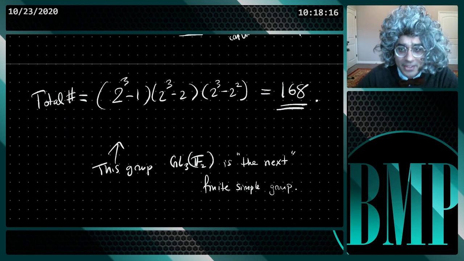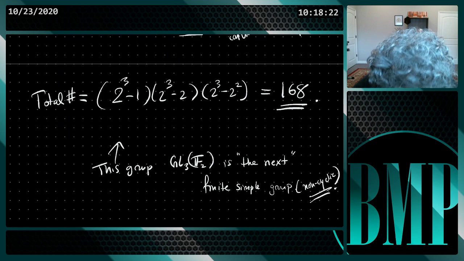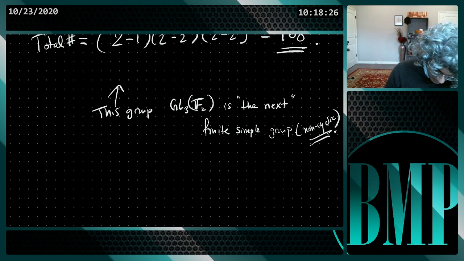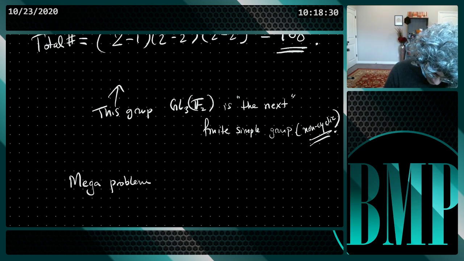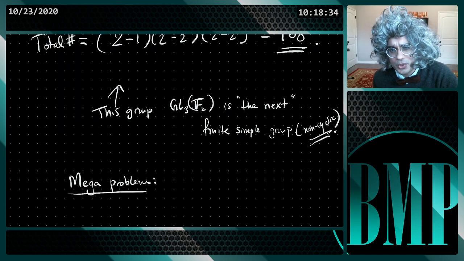All right, and the question, finite simple group is non-cyclic. Then now there's a mega problem. How does one prove such a thing?